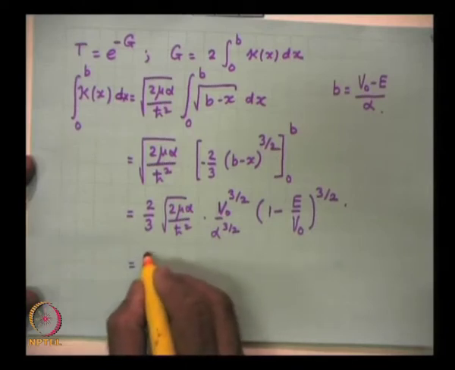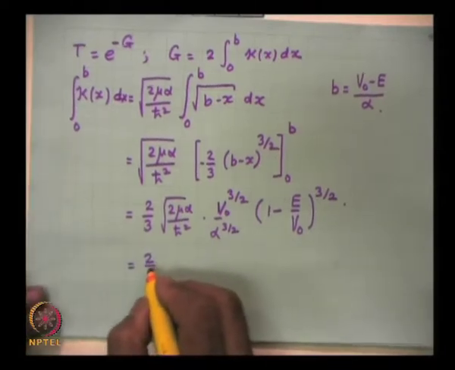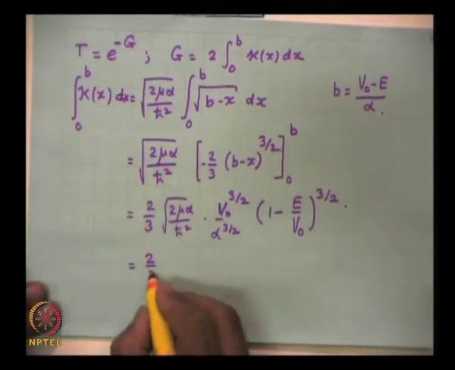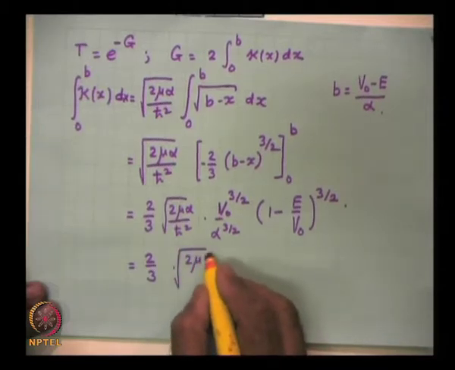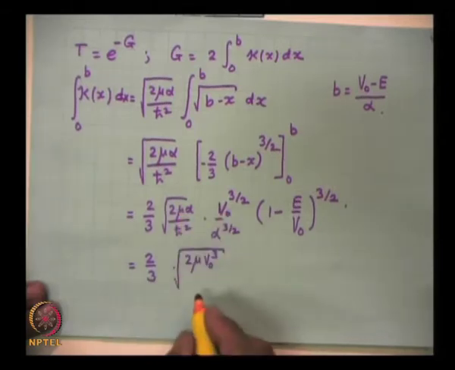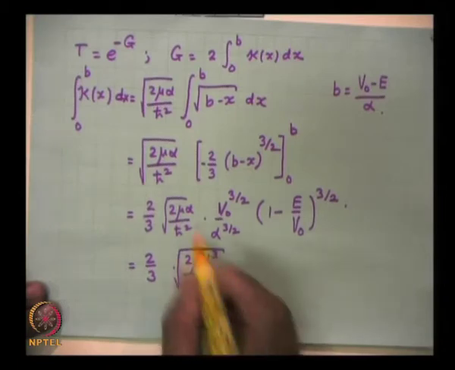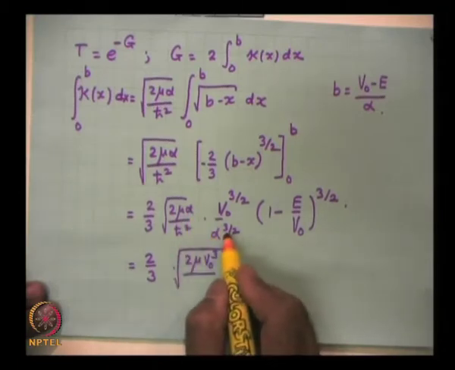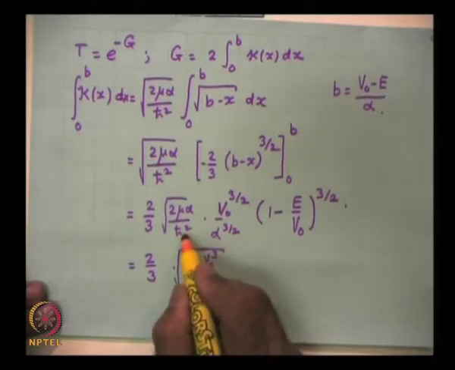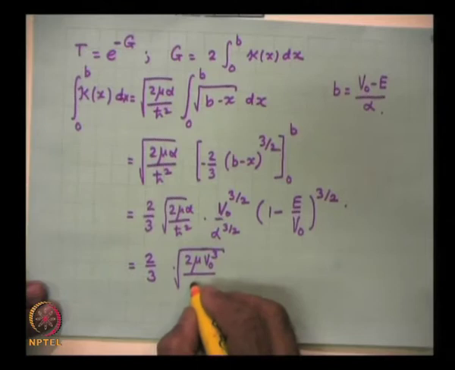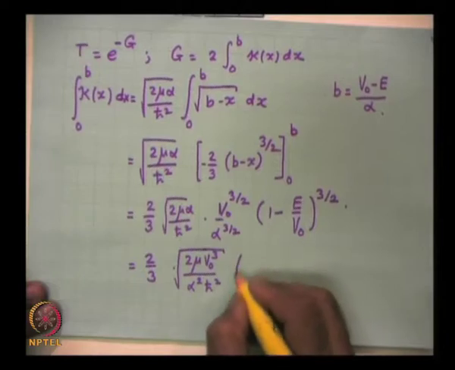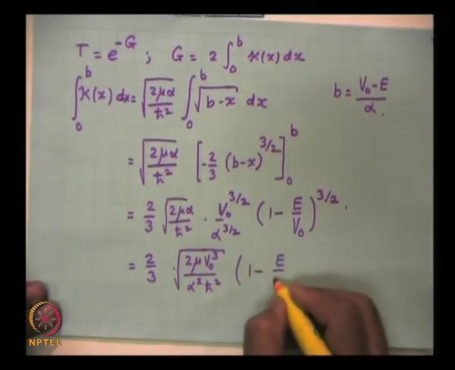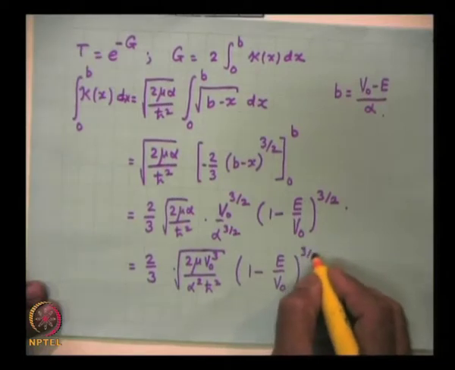So, this becomes 2 by 3 under root of 2 mu V0 cubed, because if I take it inside the root, it is alpha to the power of half over alpha to the power of 3 by 2, so it is alpha cubed under the root. So, this is alpha squared h cross square, multiplied by 1 minus E by V0 raised to the power of 3 by 2.